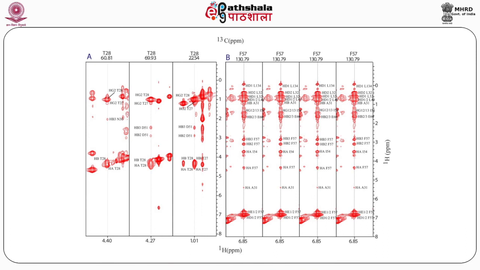And now these protons give NOEs with different other protons, so that we have short range and long range. For example, we can see that in the third strip for T28, there is the NOE correlation of this with HB3 and HB2 of residue D51.